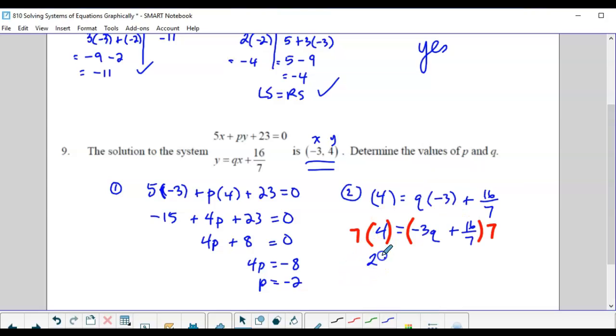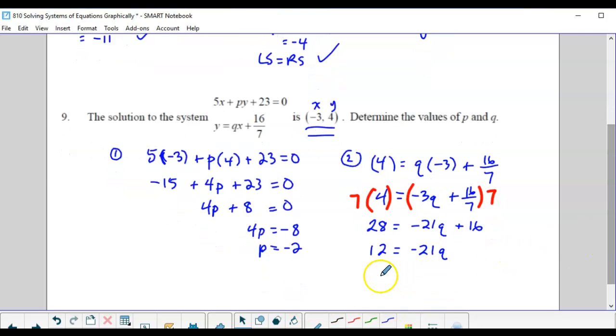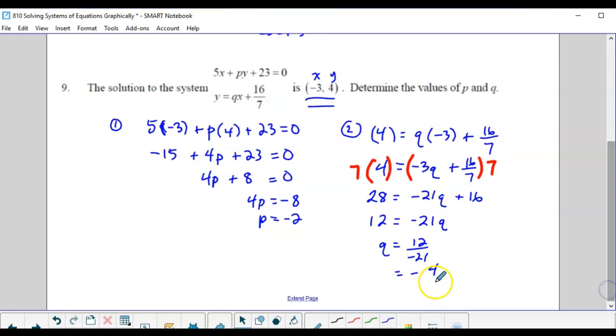So now I have 28 equals negative 21q plus 16. Subtract, I get 12 equals negative 21q. And so q equals 12 over negative 21, which reduces to negative, we don't want to keep a negative in the denominator, 3 goes into 12 4 times, into 21 7 times. So p is negative 2, q is negative 4/7.